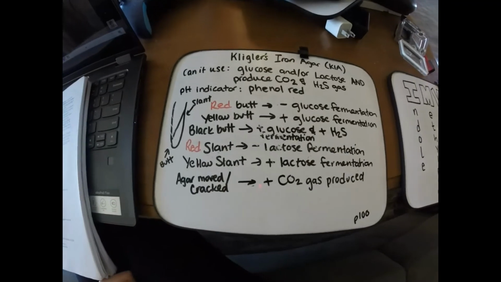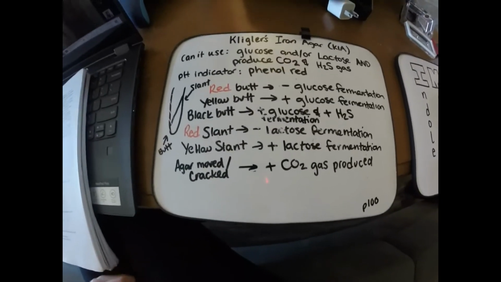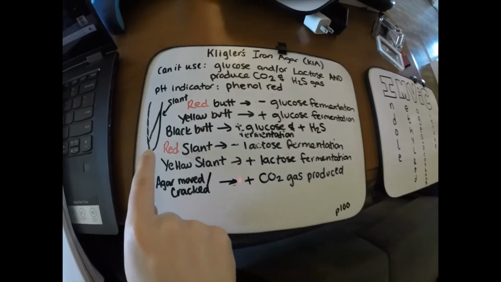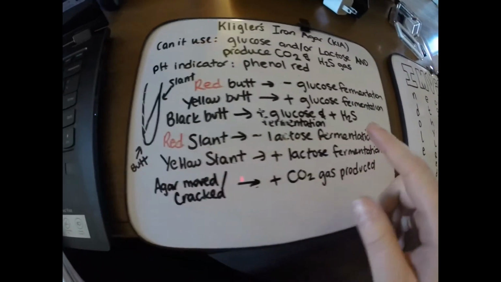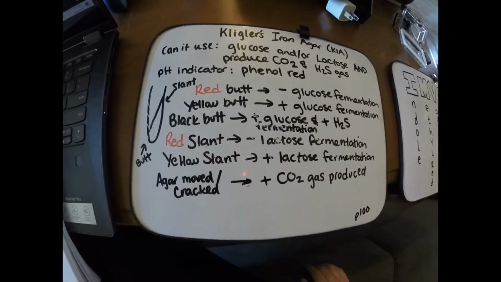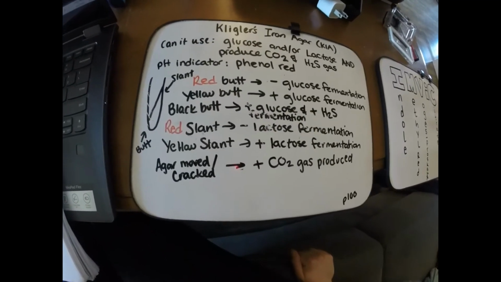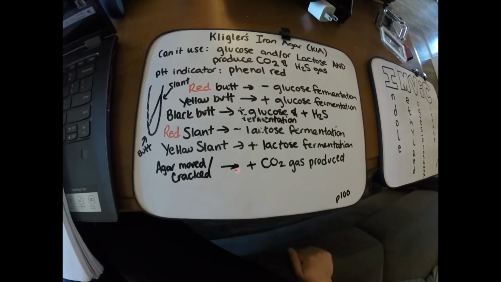So in that chart, it talks about all these different outcomes you can see. So if it's red on the bottom here, that means negative for glucose fermentation, while yellow on that bottom butt part is positive for glucose fermentation.